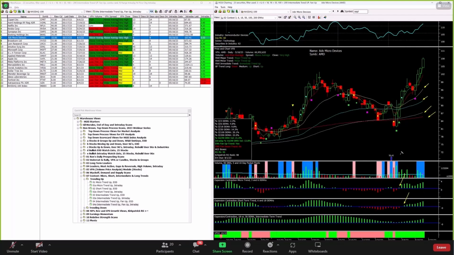followed up here. In addition to that, I haven't pointed this out, but where the blue bars are, that's a volume pocket pivot. And I use these volume pocket pivots a little bit differently than most people.